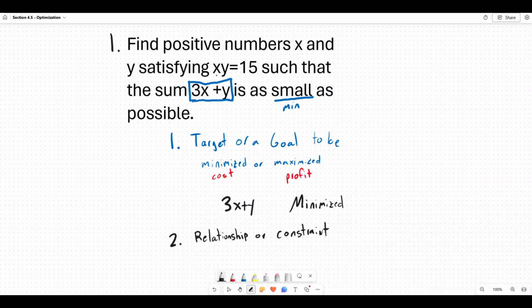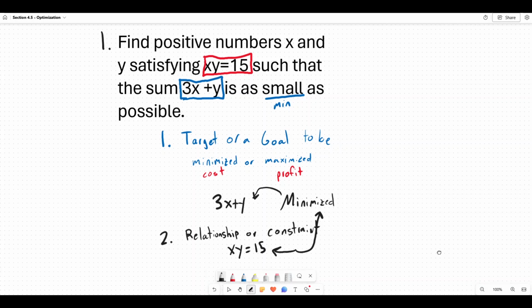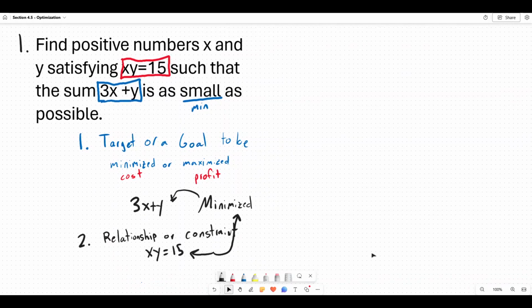Well, because according to this condition, all our choices for x and y have to satisfy that x times y equals 15. That's our condition. So the goal is, what are all of the values coming from this that will minimize this? Okay? So that's just the setup. Pretty much all of these questions you're going to set up in this way. You're going to have a target, and you're also going to have a relationship. And you might have multiple relationships, but you usually only have one target.